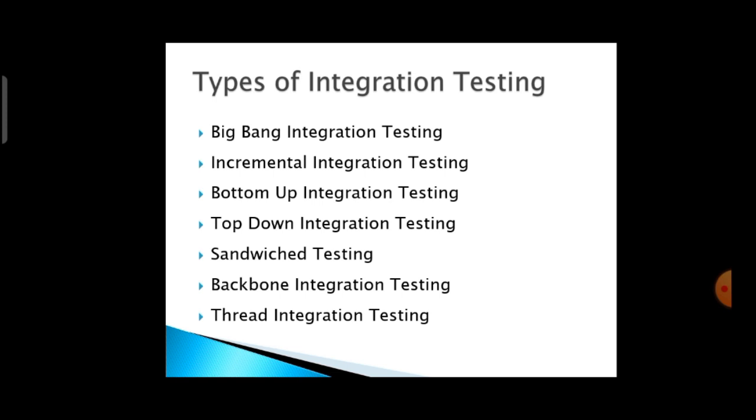The main problem with this approach is that once an error is found, it is difficult to localize the error. This is because the error may potentially belong to any of the modules being integrated. Thus, debugging of errors found by Big Bang integration testing is very costly.